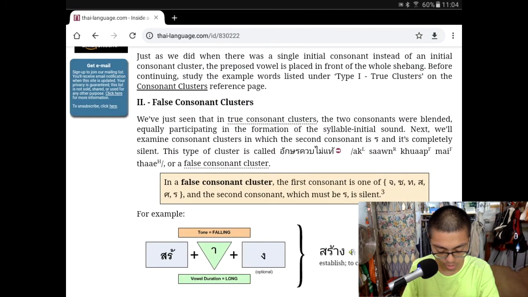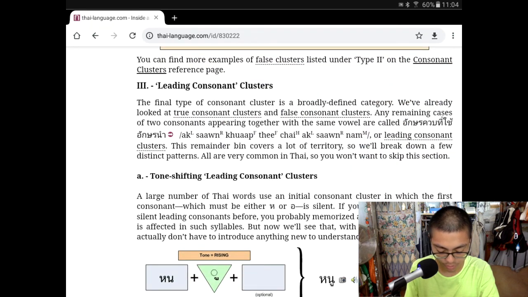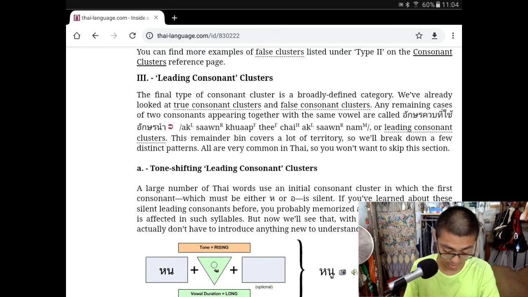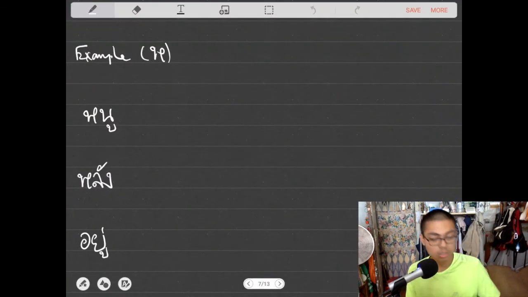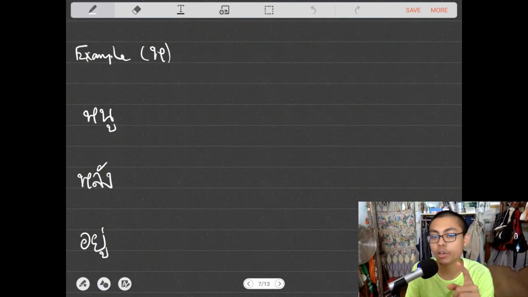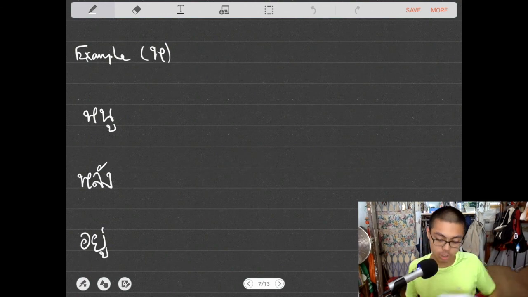I will talk about the false consonant cluster after I've talked about the leading consonant cluster, with leading ห and leading อ. I don't know how to explain it, but I think if you take a look at the example that I will show you very soon, you will get it. So let's jump into the example right away.